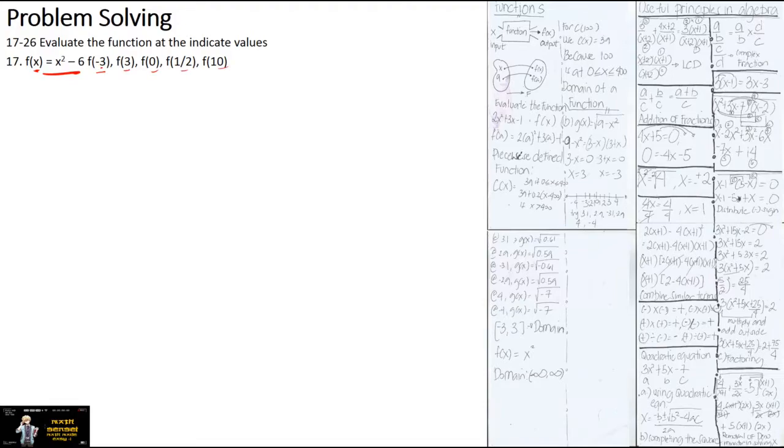So, ibig sabihin, yung pinalitan mo dito, siya lang din papalitan mo dun sa equation ng mga values na nandito. Okay, so, f of negative 3 is equals to, palitan yung x squared ng negative 3. Okay, minus 6. So, yan. So, ang sagot ay 3.